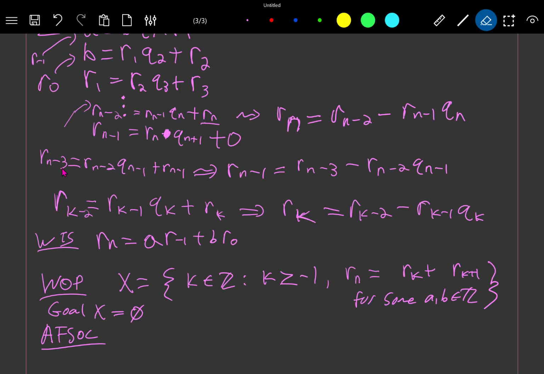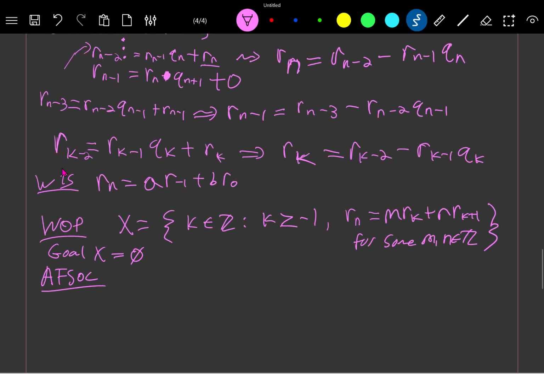Maybe I should have used m and n, because a and b are R negative 1 and R 0. So if we assume X is not the empty set, then let k be the smallest element.